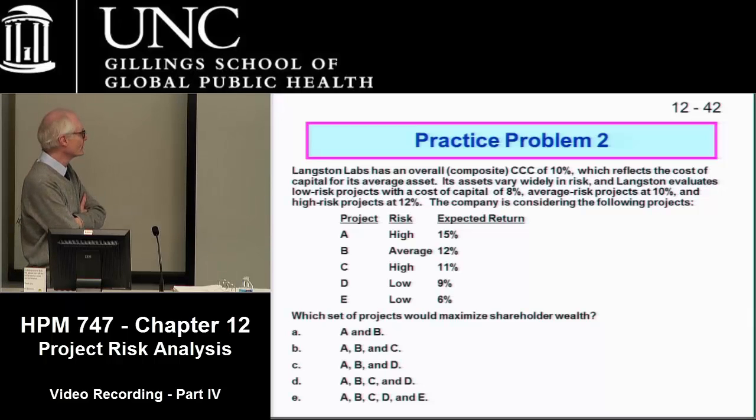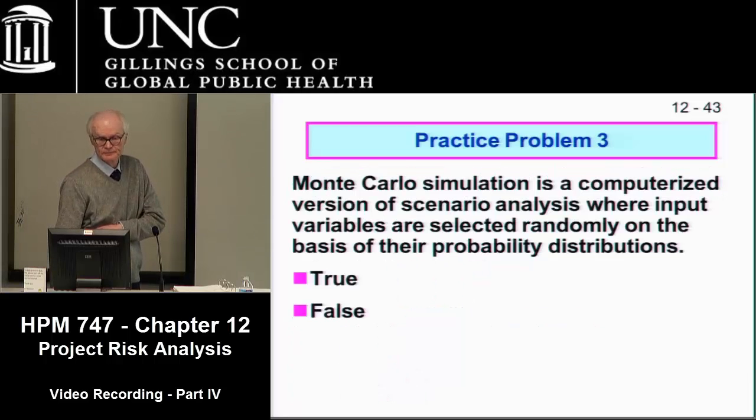So all we're doing is comparing the fact that A is 15% is higher than the 12, 12 is higher than the 10, and the 9 is higher than the 8. So those are the projects that would be chosen using these rules.